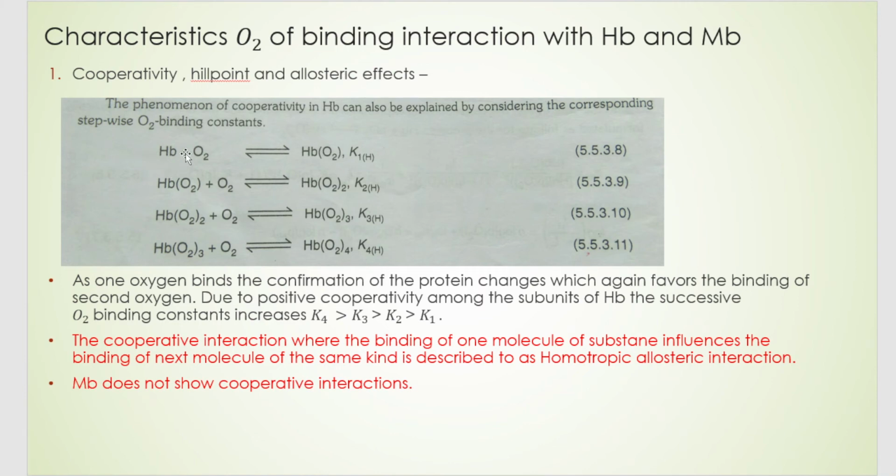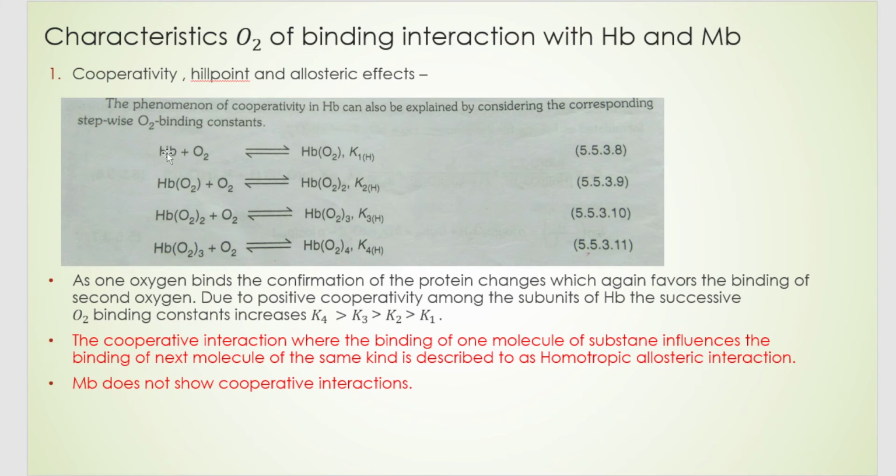As soon as one hemoglobin molecule binds to one oxygen atom, what happens? The protein conformation changes. That is, its structure changes, and because of this change in structure, it prefers to bind to the next oxygen. It makes the binding of the next oxygen easier. Are you understanding?